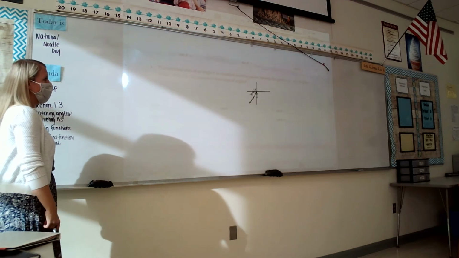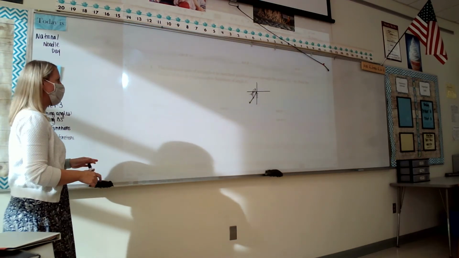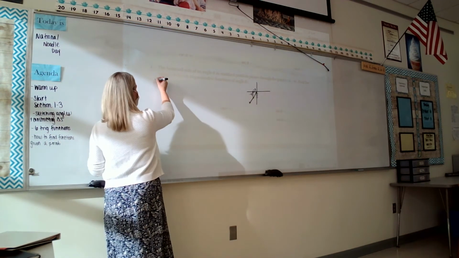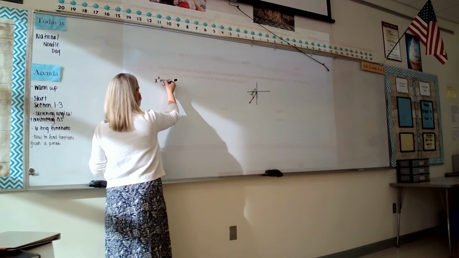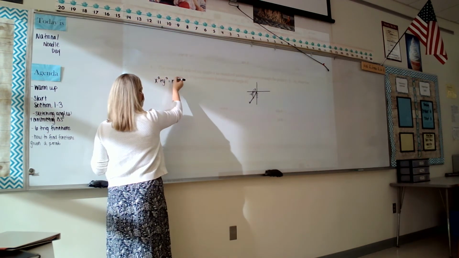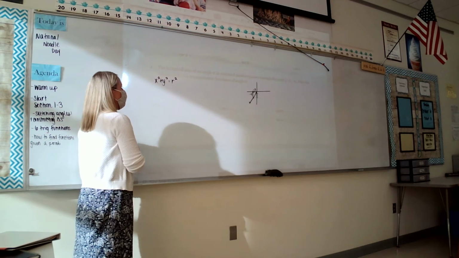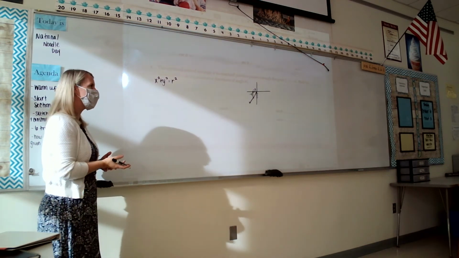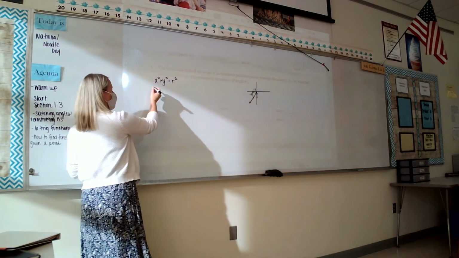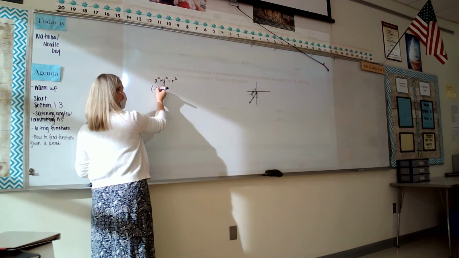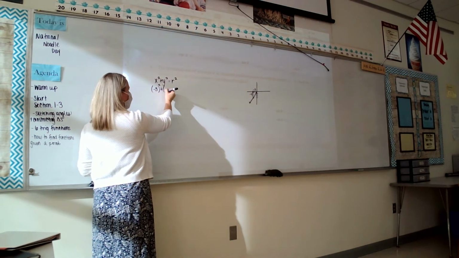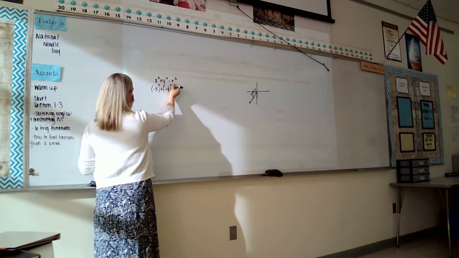So once I kind of have my setup going, I'm going to find my missing side. I'm going to use x squared plus y squared equals r squared. Just a little thing calculator-wise: when you plug in a negative and you square it, it has to be in parentheses. If it's not in parentheses, it will get messed up.